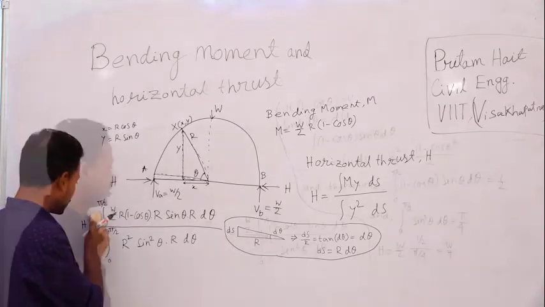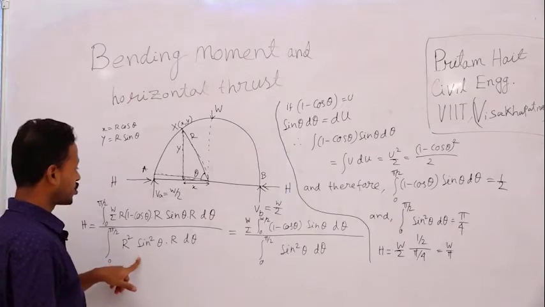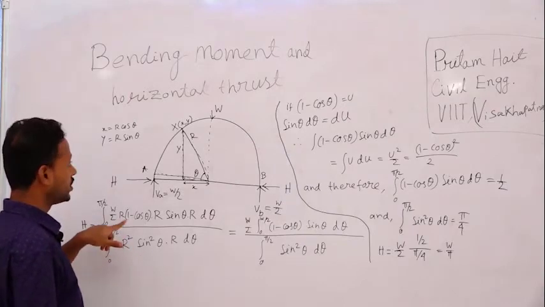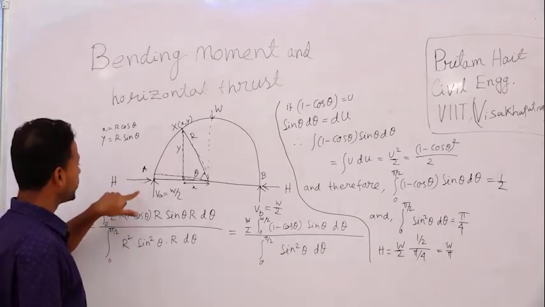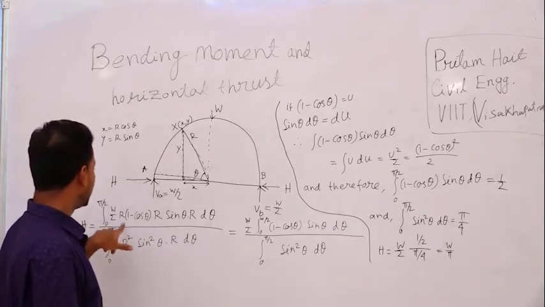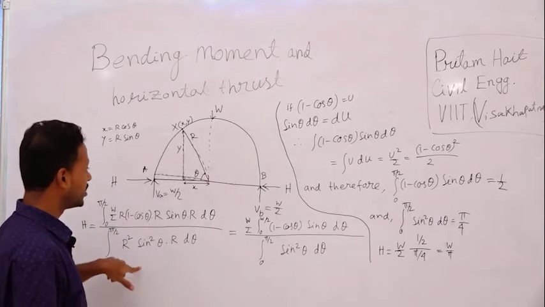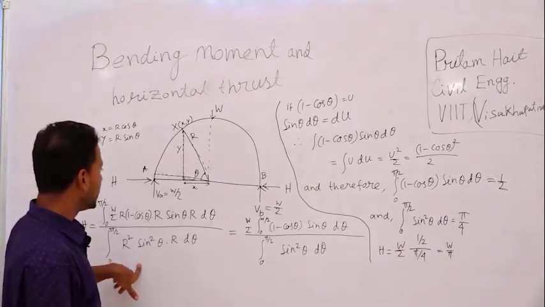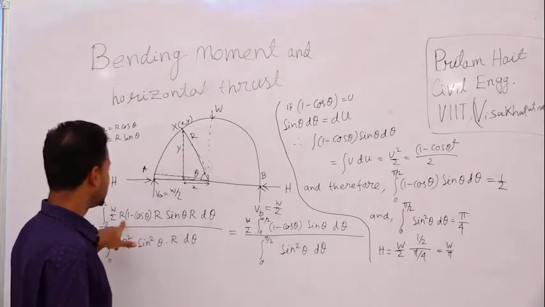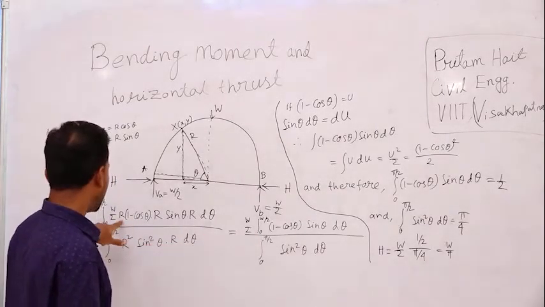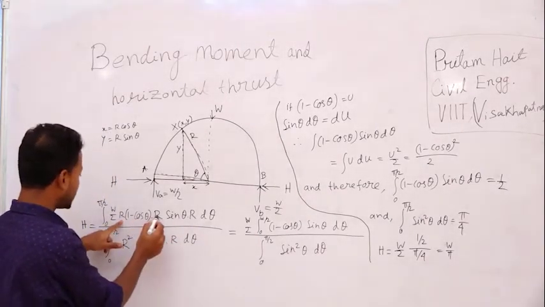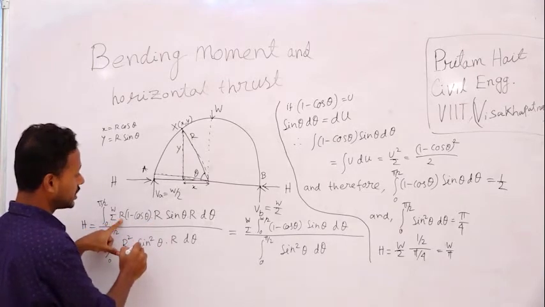Here I put all the values of M, the bending moment, and the y value, and I will integrate the numerator and denominator. You can see w by t is a constant, so it came out. This r into r is r square, so r square and r square will be cancelled.